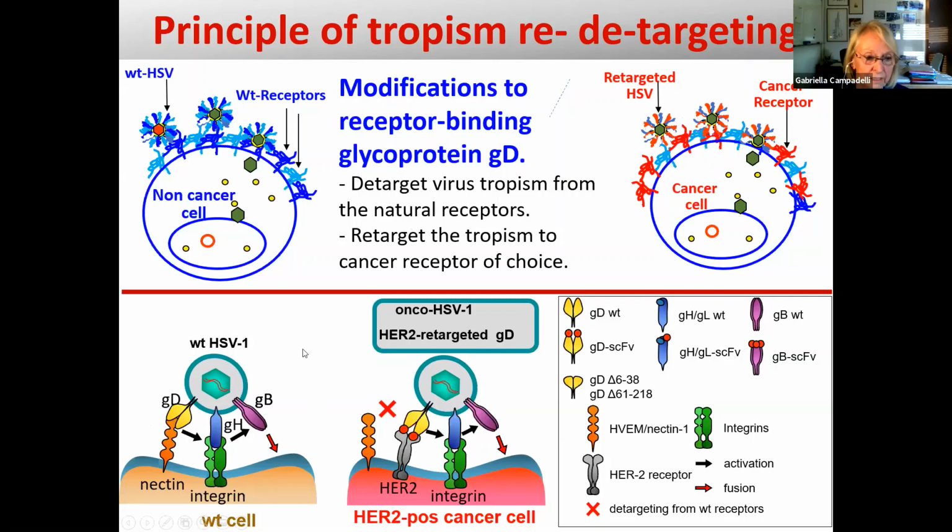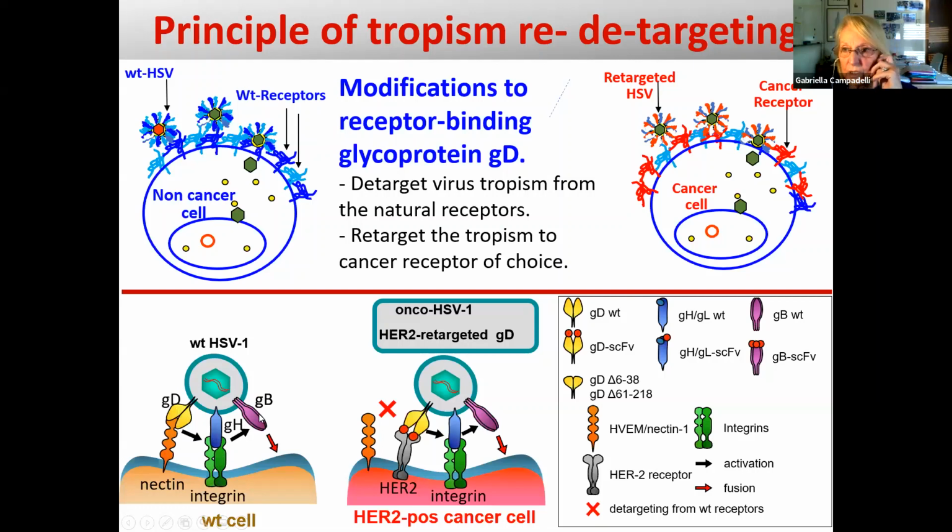The virus is rather complicated in terms of entry. It has 4 essential glycoproteins, which act in a cascade manner. There is a cascade of activation. Glycoprotein D interacts with the receptors, the gD receptors. The receptor-activated gD will activate gH-gL, which interacts with the integrin.